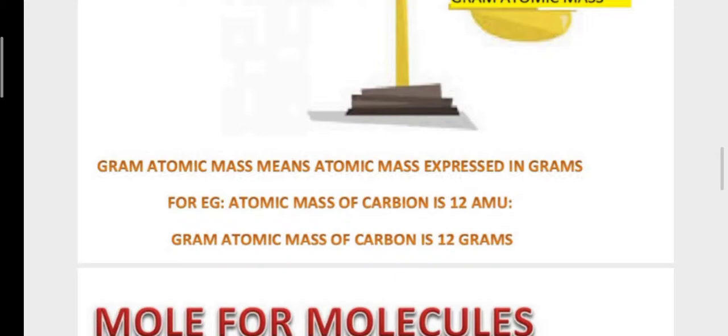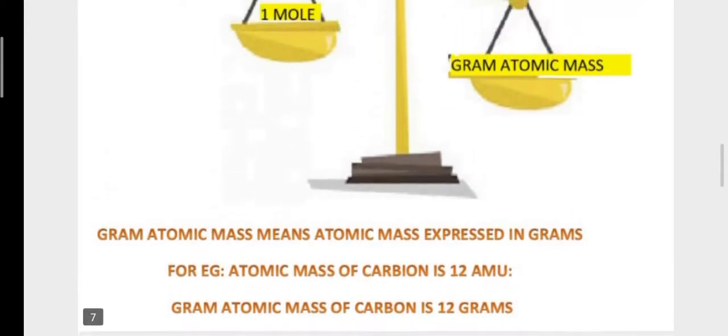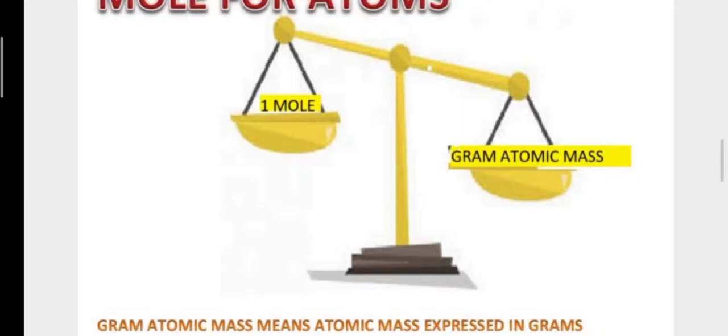So what will be 1 mole of carbon atom? 1 mole of carbon atom will be equal to 12 grams. That is gram atomic mass of carbon. Clear? So 1 mole of an atom for element is the gram atomic mass of that element.